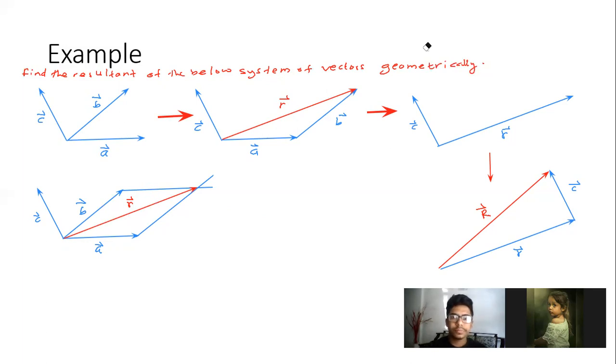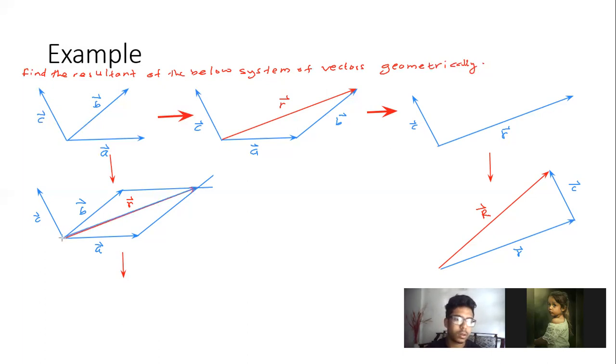Now, the next step, let me draw here, maybe here. So instead of A and B, I have this R vector. Let's take this.